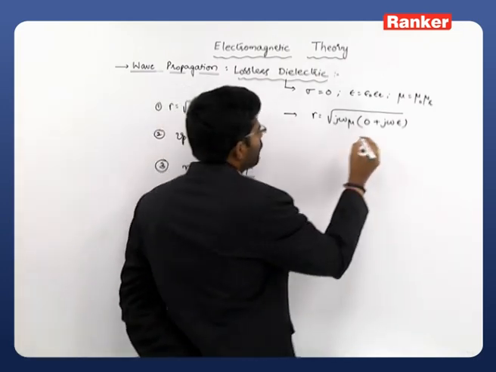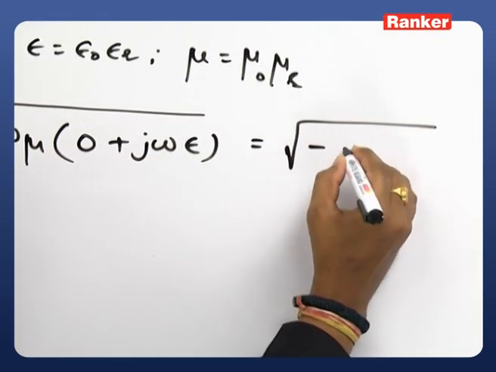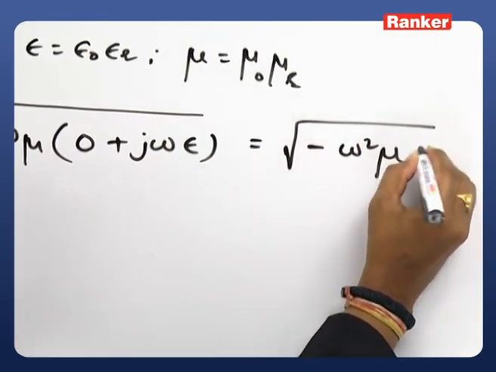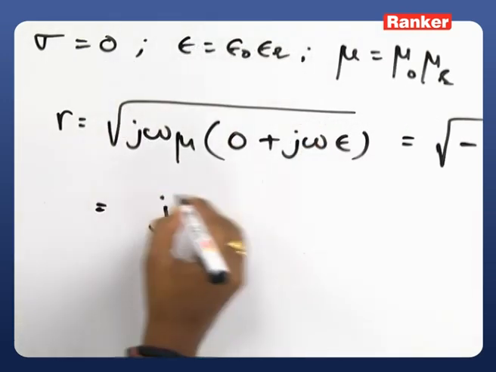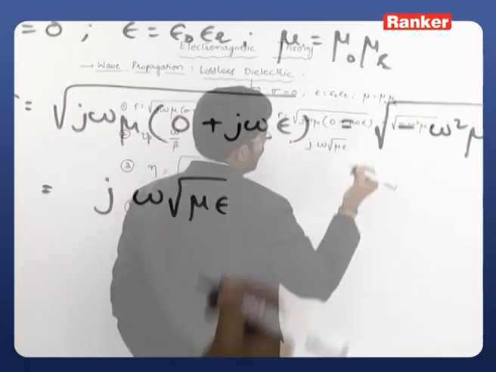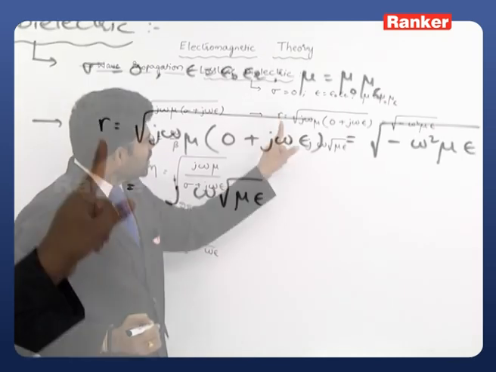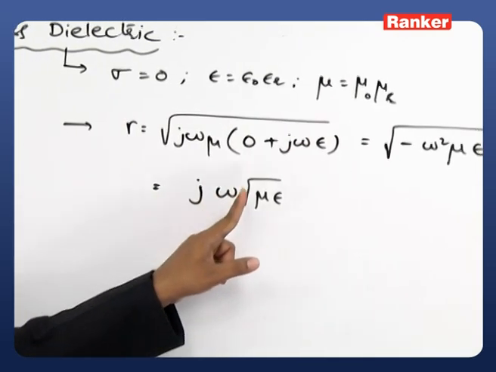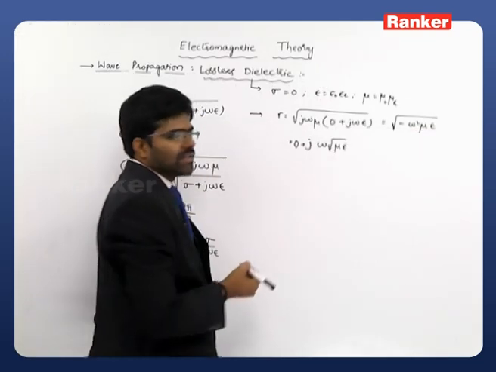Simply, j multiplied by j gives minus omega square mu epsilon, and the square root of that is j omega square root of mu epsilon. This is a simple solution. Now clearly observe, gamma is equal to j omega square root of mu epsilon. Here I can add 0 plus, that is a real term.